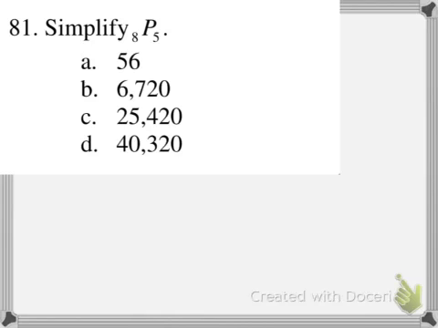On number 81, it says to simplify 8P5. You're like, what in the heck is 8P5? Well, P stands for permutation, and if you remember from the last lesson, the way that we remember what that means is from a permutation lock. So if you had a lock, and you had 8 choices for the first input, you know, the locks that you switch around.